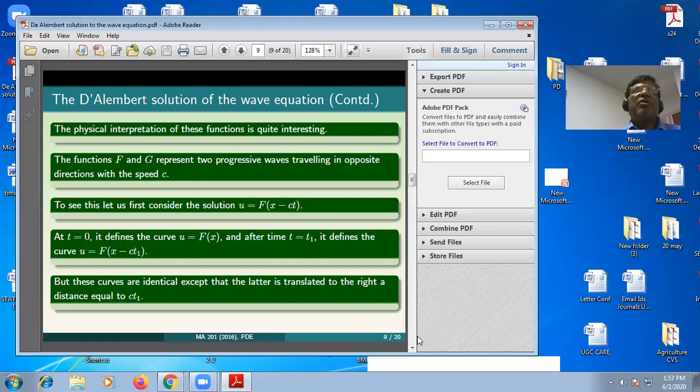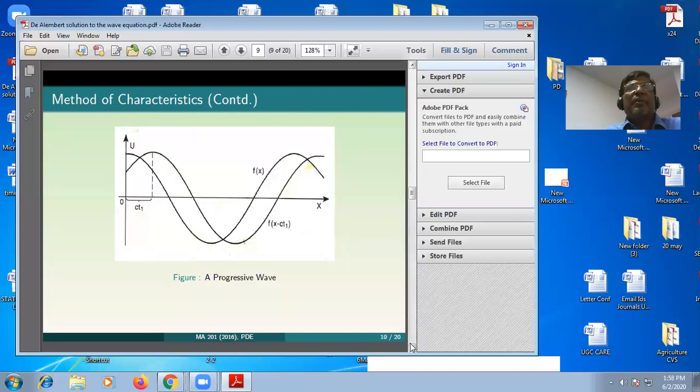At t is equal to 0, it defines the curve u is equal to f(x), and after time t is equal to t1, it defines the curve u is equal to f(x minus ct1). But these curves are identical except that the latter is translated to the right by a distance equal to ct1. So this is the method of characteristics.